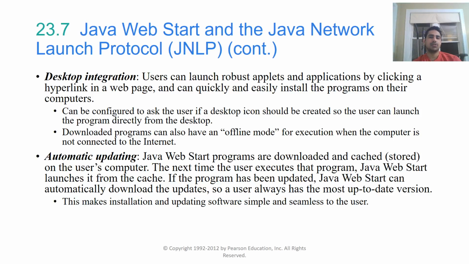The next time the user executes that program, Java Web Start launches it from the cache memory, which is nothing but frequently used memory in computer systems. If the program has been updated, Java Web Start can automatically download the update, so a user always has the most up-to-date version. This makes installing and updating software seamless to the user.